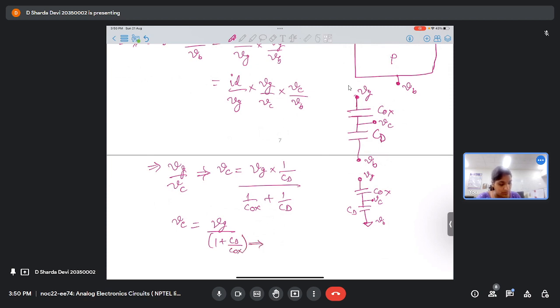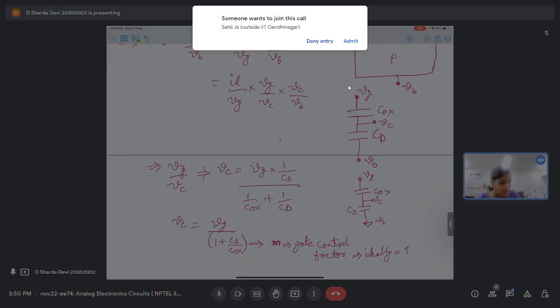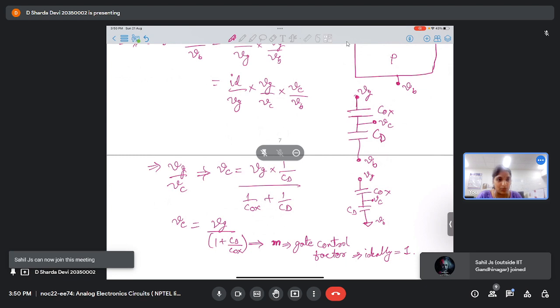And this is known as m. This is a very famous factor known as the gate control factor. Ideally it should have been 1, but practically it's not, since Cd by Cox is never 0, right?